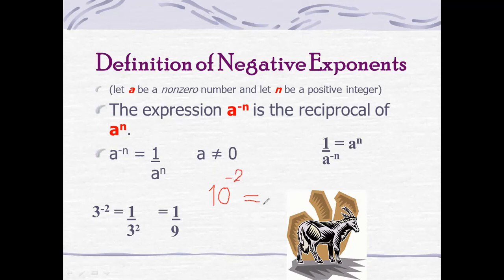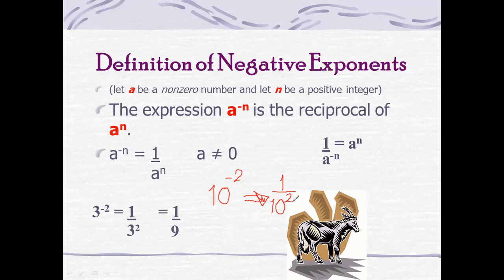What is it in its reciprocal? 1 over 10 to the power of what? What is the index or the power? 2. Okay, or if we simplify that one, that is 1 over 100, as you have answered.